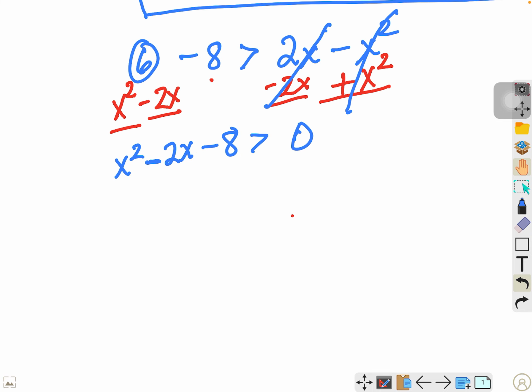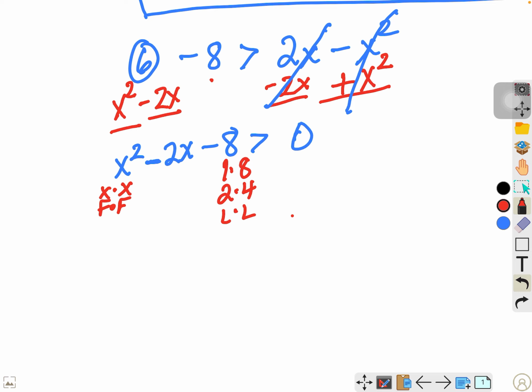And when I look at my choices, x times x, first times first in the FOIL process, that's how we get x squared. 1 times 8, or 2 times 4, last times last, that's how we get 8.